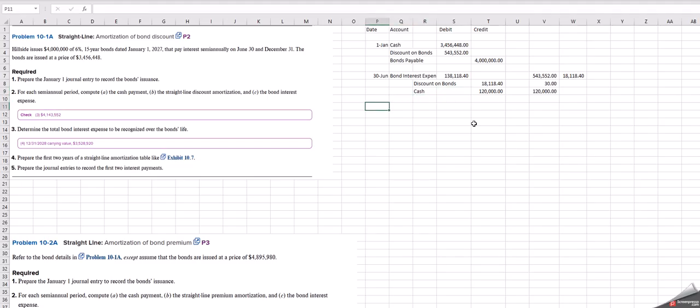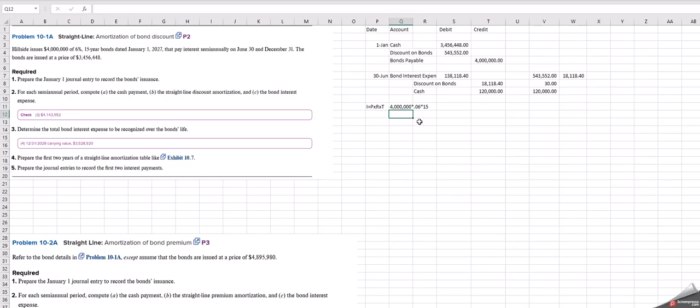Then 3 says what would be the total bond interest recognized over its life. So again, if we do our principal times rate times time for the whole life of the bonds. So we've got 4 million. Times the 0.06 times 15 years.